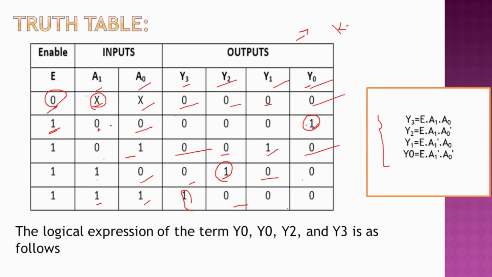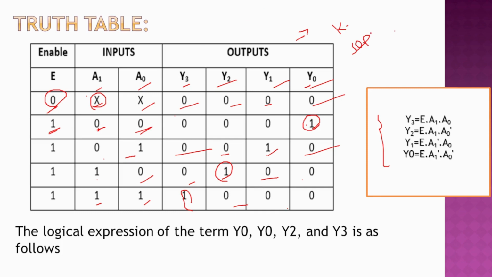You need to write this equation in sum of product method. When y0 is equal to 1 as an output, a1 is equal to 0, a0 is equal to 0 and enable pin.